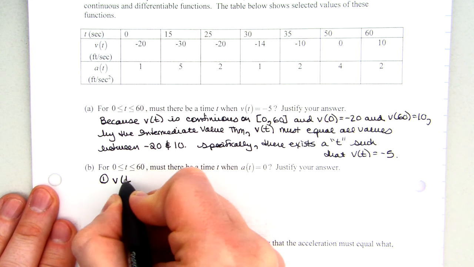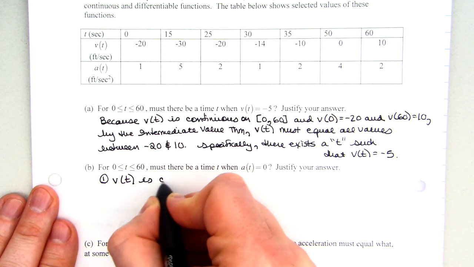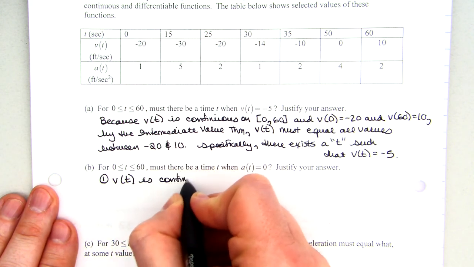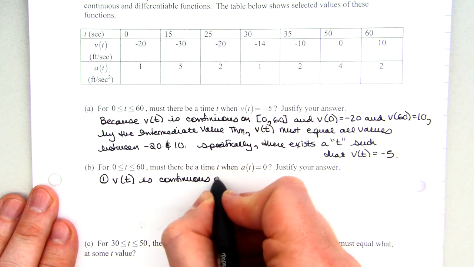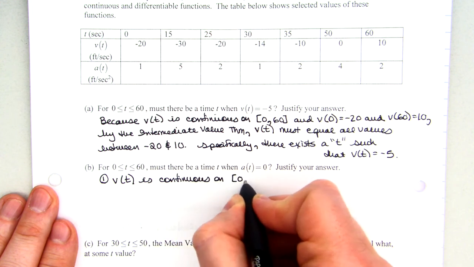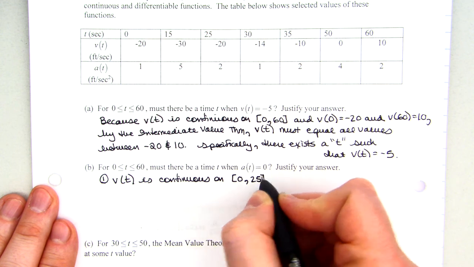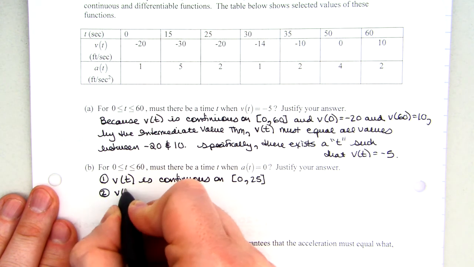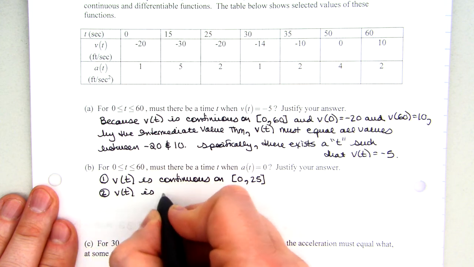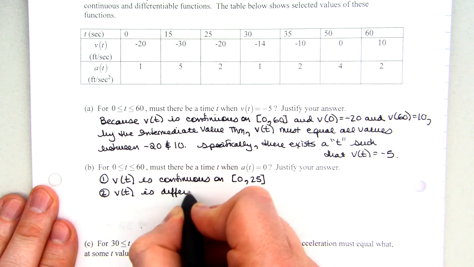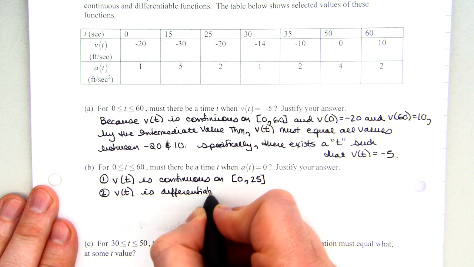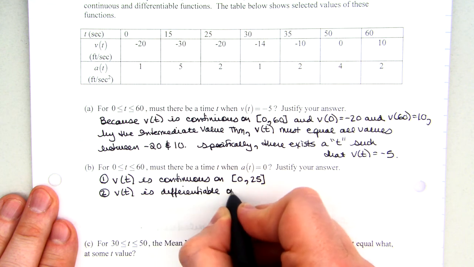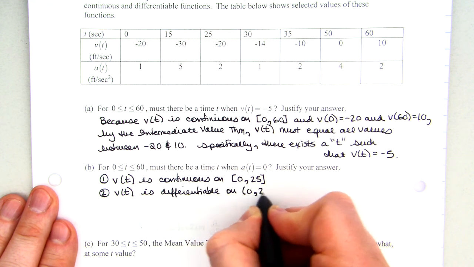First of all, v of t is continuous on the closed interval from 0 to 25, because I said it was in the original statement of the problem. v of t is also differentiable on that interval. I'm just going to focus on the open interval, but it's all good.